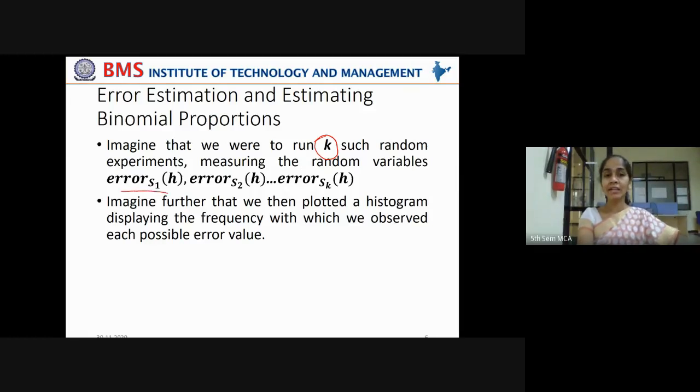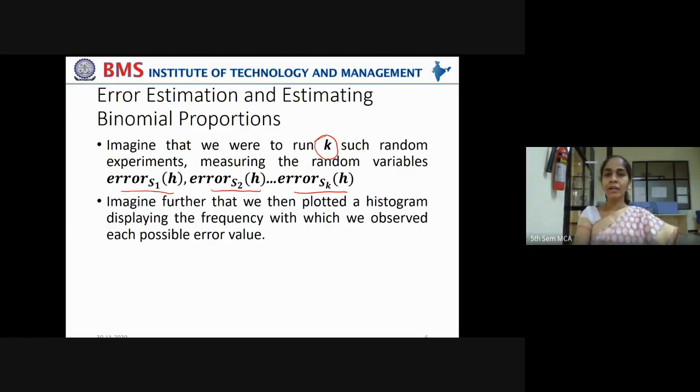You are representing it as error S1 of H, the sample error associated with sample S1, error S2 of H, the sample error associated with sample S2, and error Sk of H, the sample error associated with your kth sample. You have represented all the sample errors by these notations.